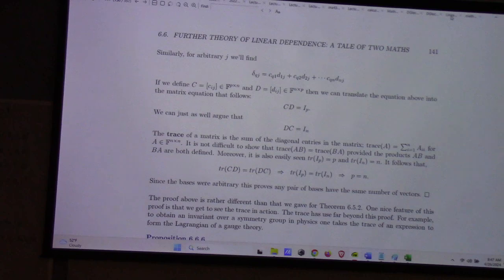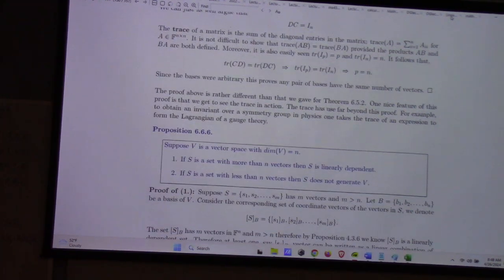Basically, one of the big deals in 321 is you prove that if you have a given vector space, and you have two finite sets, both of which are linearly independent, both of which span the space, in other words, if you have two bases for a space, it must be the case that the number of vectors in those two bases are equal. Now, this is not entirely trivial to prove, but that's one of the things we'll prove in 321. What that means is that the definition of dimension is well defined.